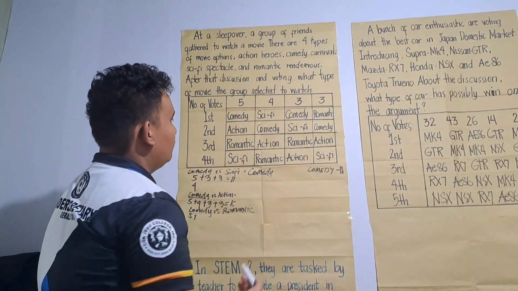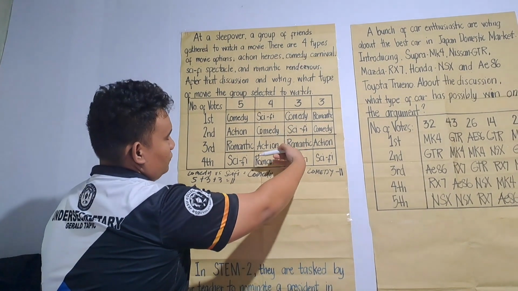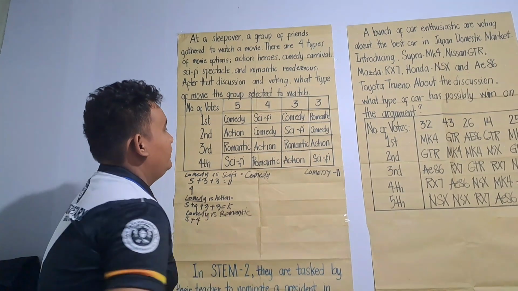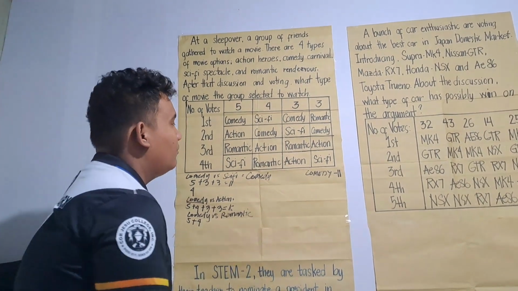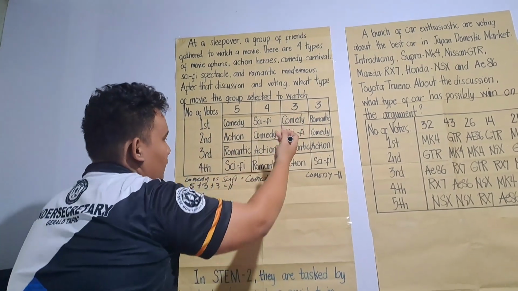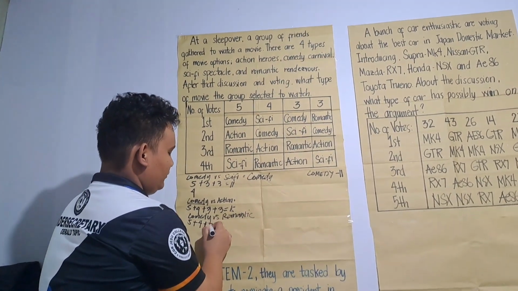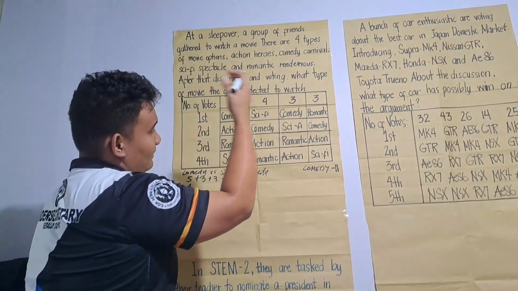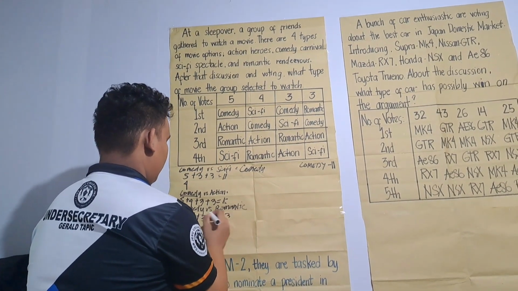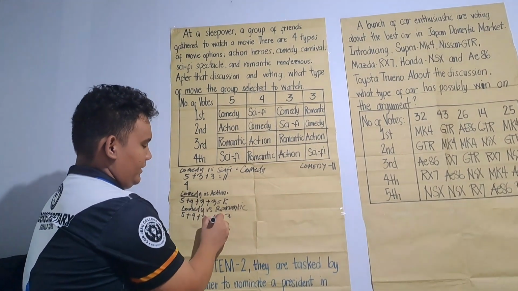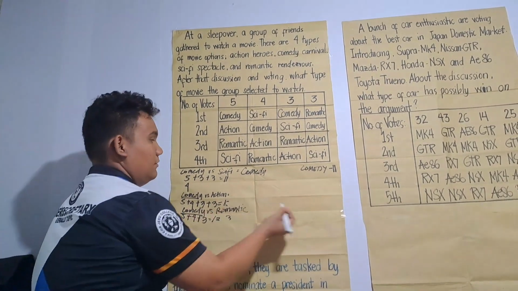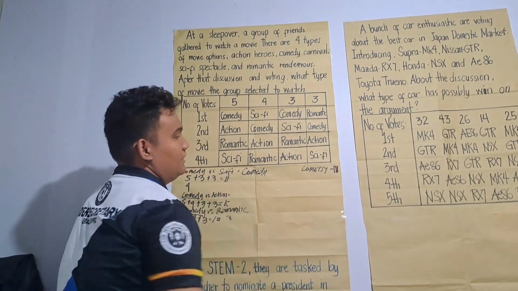In the second column, comedy was first, so the votes is on comedy. As you can see, the third column, comedy is first, so comedy has 3 votes. And the last column, romantic is first, so romantic has 3. 5 plus 4 plus 3 equals 12. So the winner in this matchup is comedy again. Comedy has 3 points na.